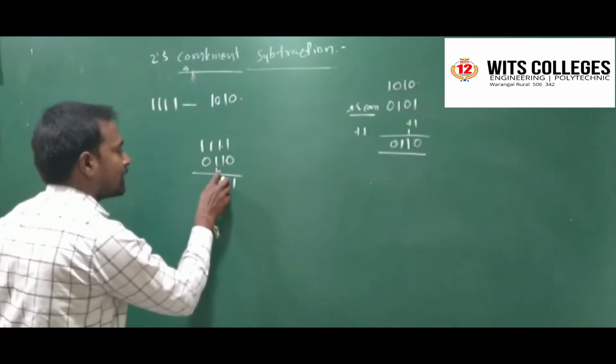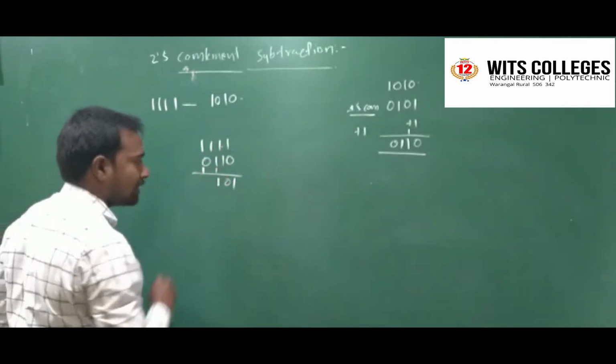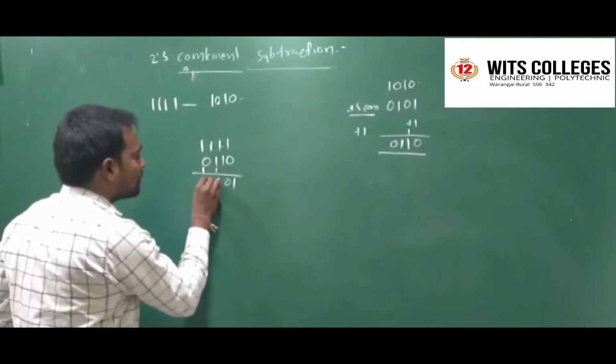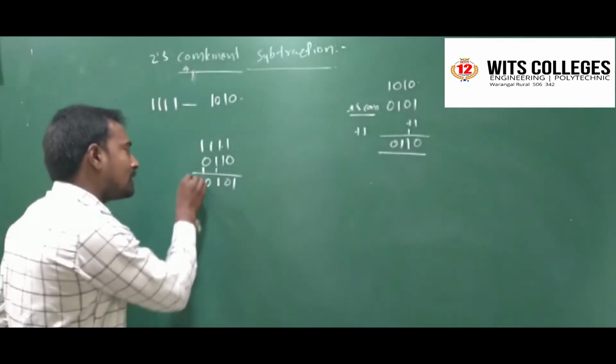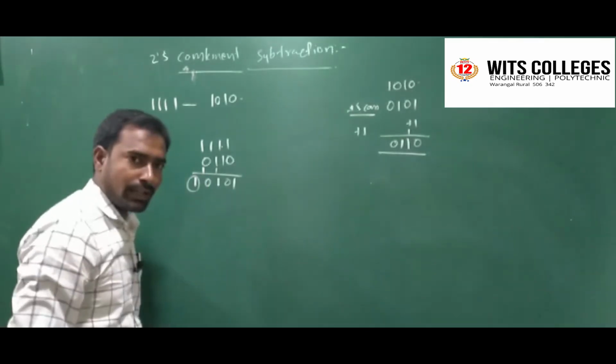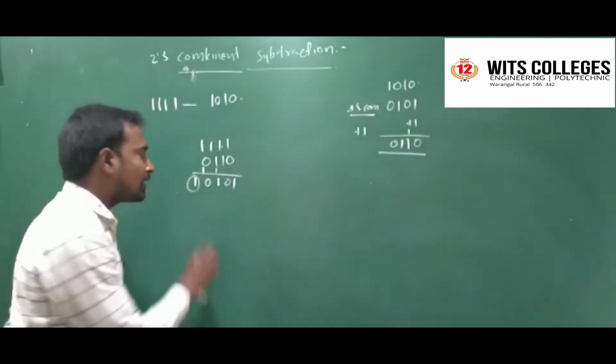1 plus 1 is equal to 0, 0 plus 1 is equal to 1, and here we have a carry. Again 1 plus 1 is equal to 0, and the carry will be generated. This carry is called the end around carry, and we have to neglect this value.